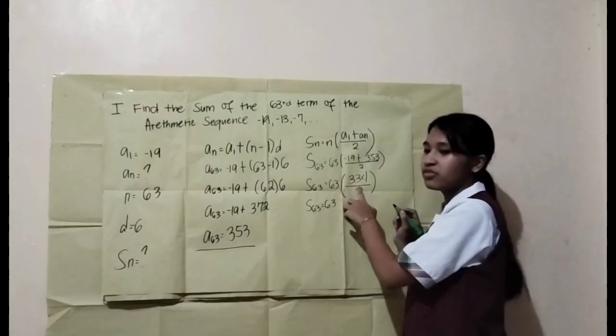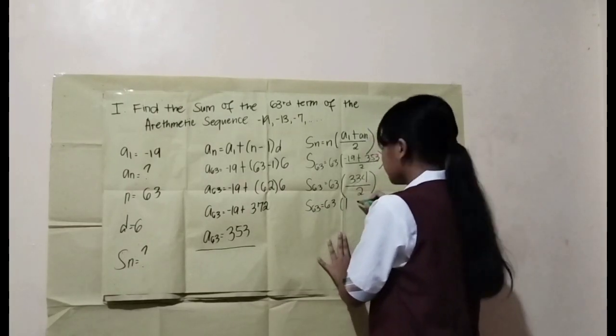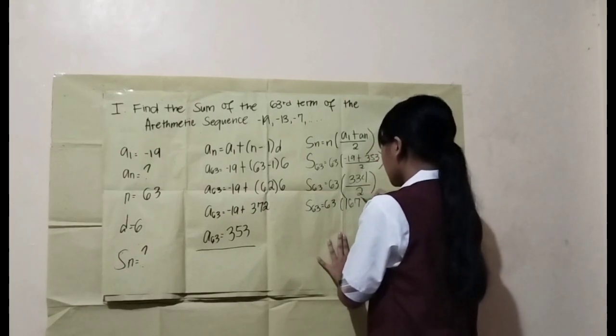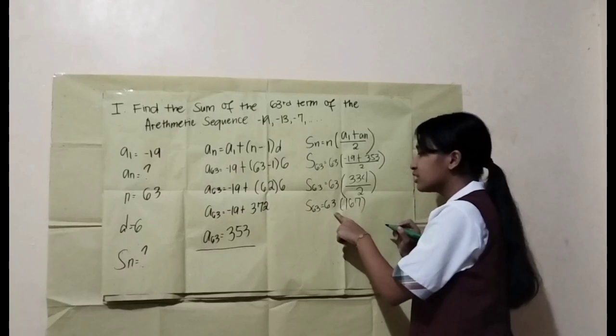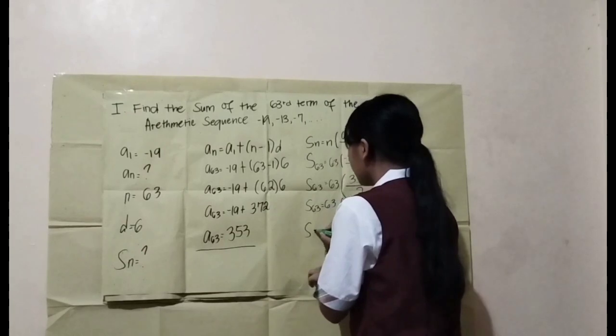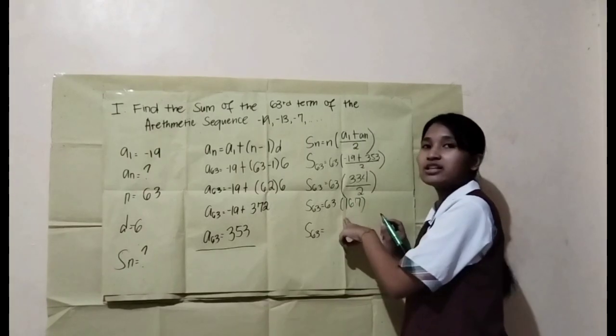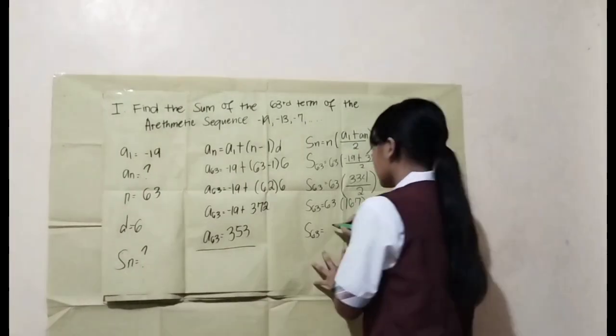Then 334 divided by 2 is 167. Now we will be computing for 63 multiplied to 167. So copy the s sub 63, and the answer will be 10,521.